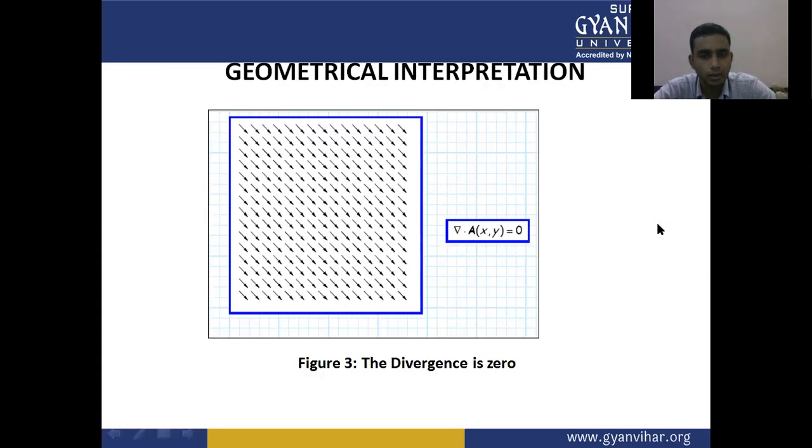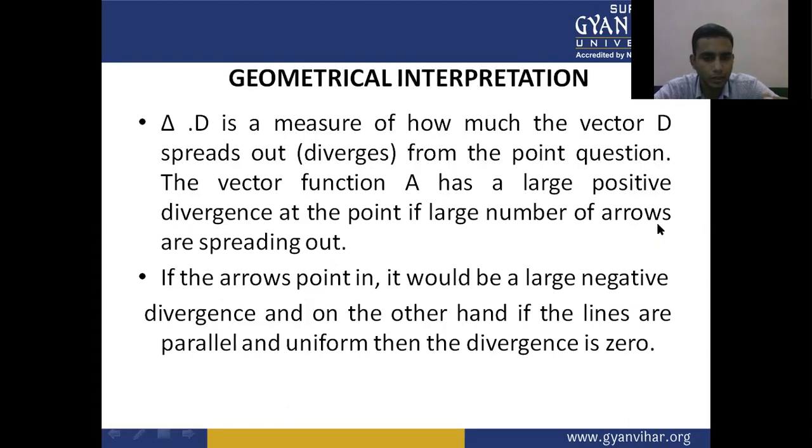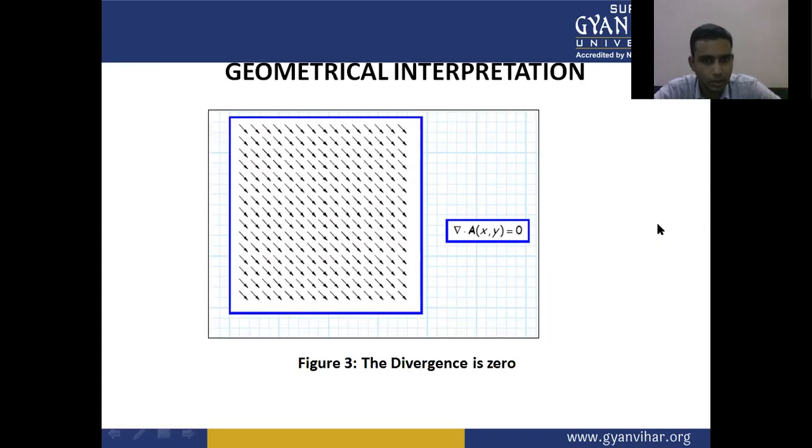So del dot A equals 0, because the lines are parallel and uniform, so the divergence is 0. This is shown in the figure.